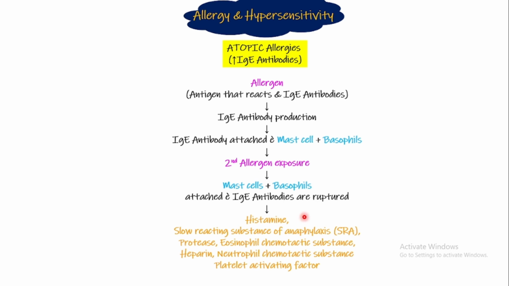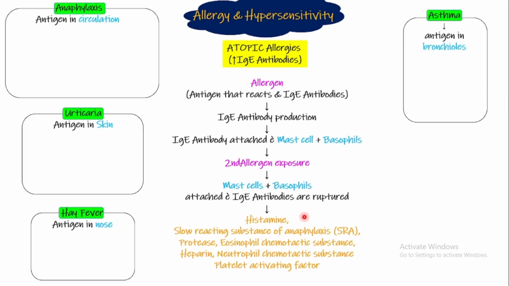Okay, now, what were the examples of atopic allergies? Atopic allergies include the famous asthma, urticaria, hay fever, and anaphylaxis. Now, what's happening in urticaria, hay fever, anaphylaxis, and asthma? Basically, in asthma, the antigen is present inside the bronchioles.